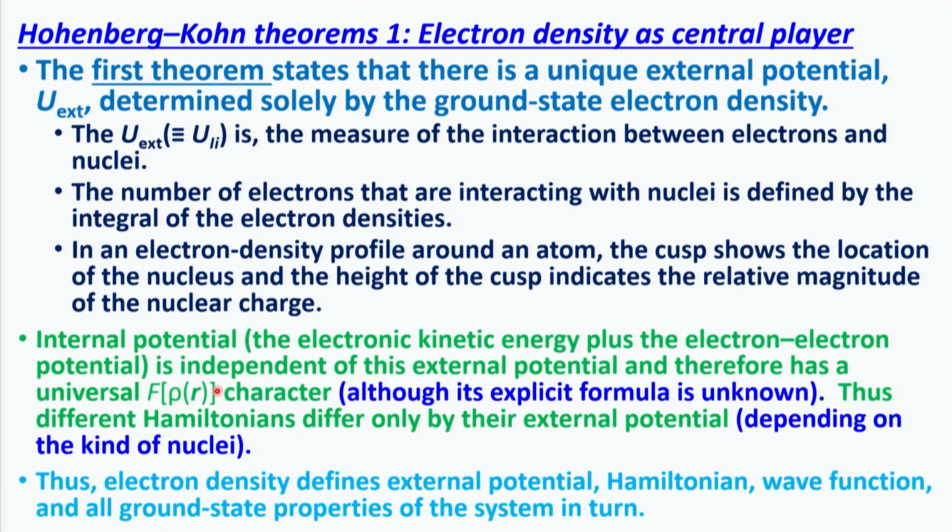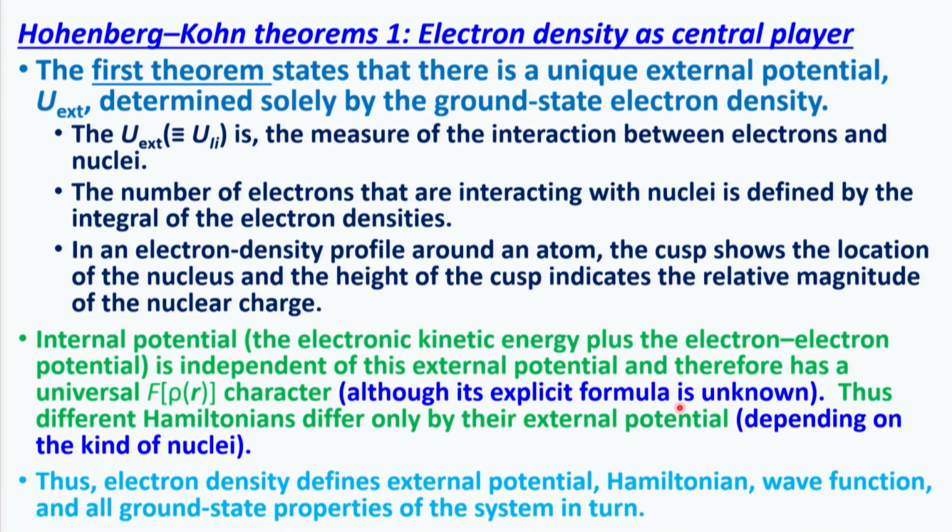For different systems the differences come only from the positions of the nuclei. The kinetic energy and interaction energy between the electrons are universal. So that's what it says, although its explicit formula is unknown.